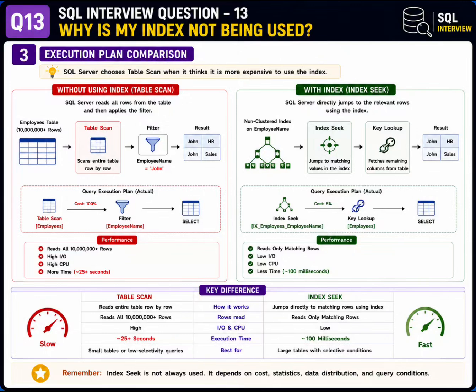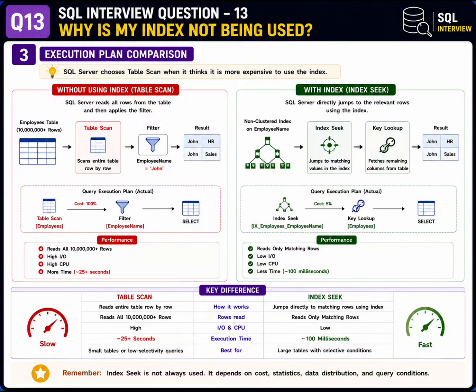For example, a table scan may take 25 seconds, while an index seek may complete in just a few milliseconds. Many people think index seek is always better, but SQL Server is a cost-based optimizer. It chooses whichever plan has the lowest estimated cost.